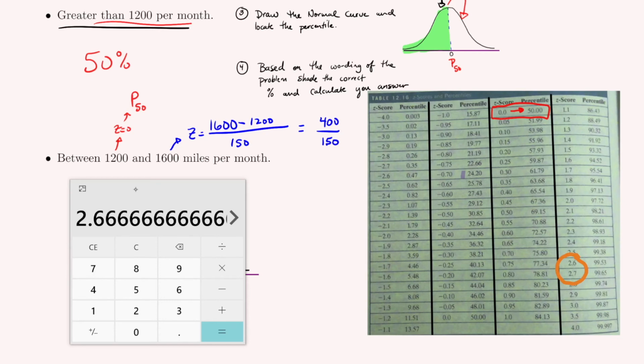So to make this fit into our chart, let's round this to 1 decimal place. Rounding 2.666 repeating gives us a rounded value of 2.7, as the value after the 6 is 5 or greater. Now 2.7 in our z-chart corresponds to a percentile of 99.65. Remember, if you need to see this chart closer, it is on the first page of this section of notes in our note packet.